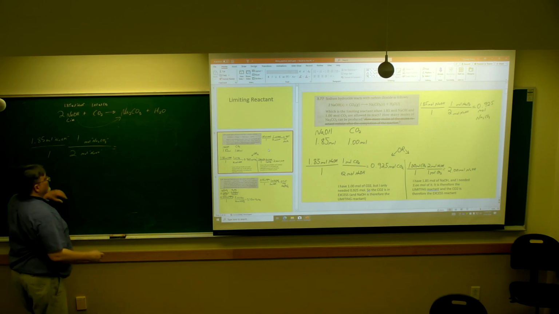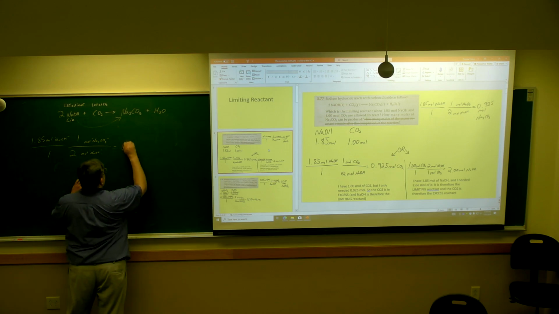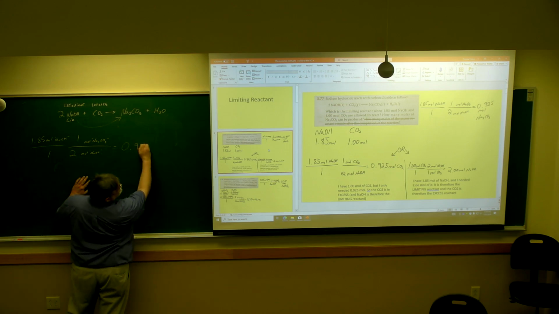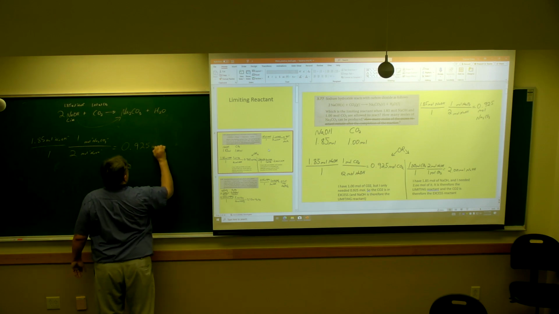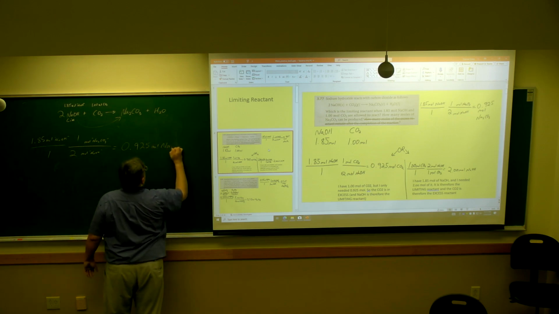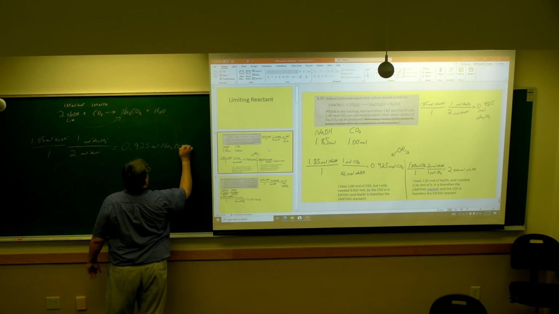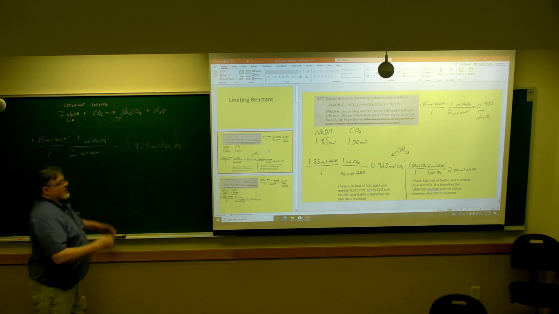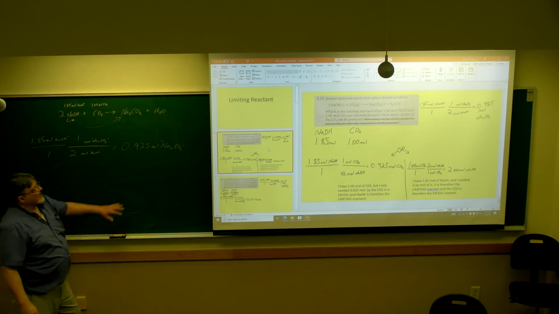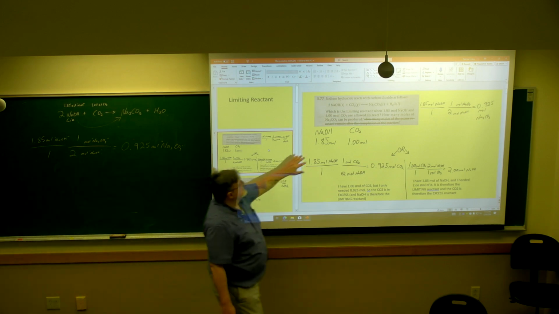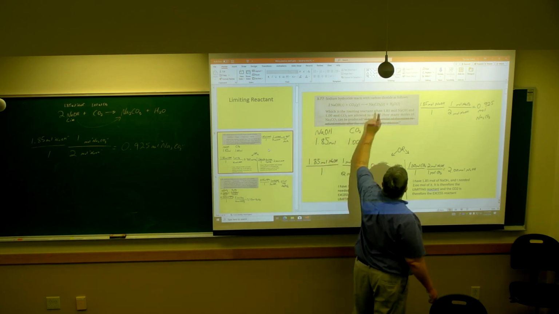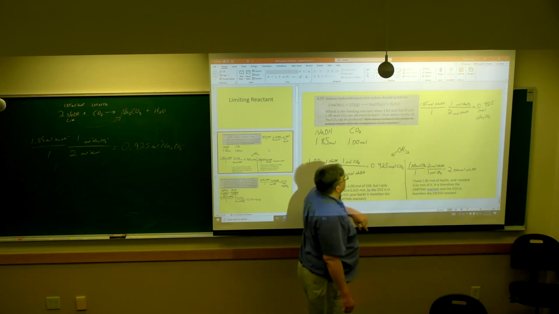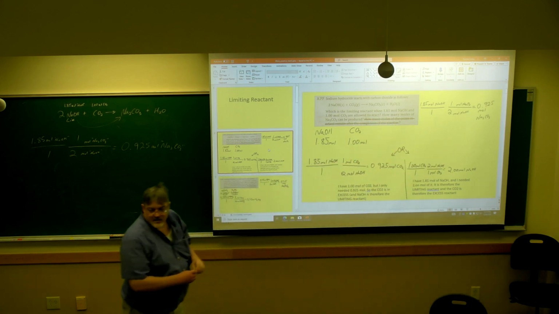Yeah, and it's 1.85 divided by 2 again, which is 0.925 Na2CO3. So that's how many moles of this product we'll get if we mix these two things in these amounts when they react. So we get 0.925 moles of Na2CO3.